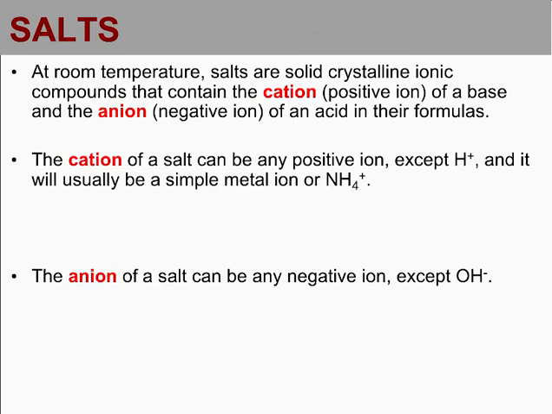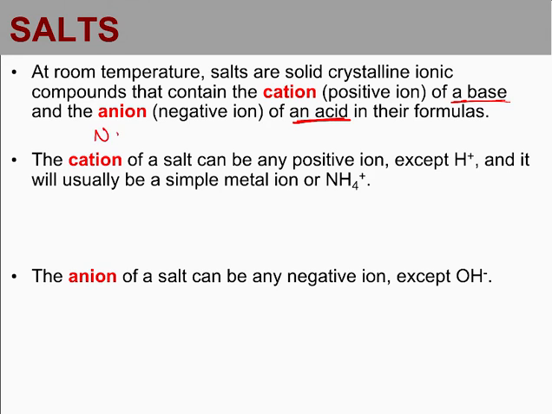So at room temperature, salts are solid crystalline ionic compounds. So you can think of table salt, for example. So the salt you put on your food is made up of tiny little crystals, and those have ions in them. So they contain a cation, which is a positive ion, and that cation is coming from the base. And then the anion, the negative ion, is coming from the acid.